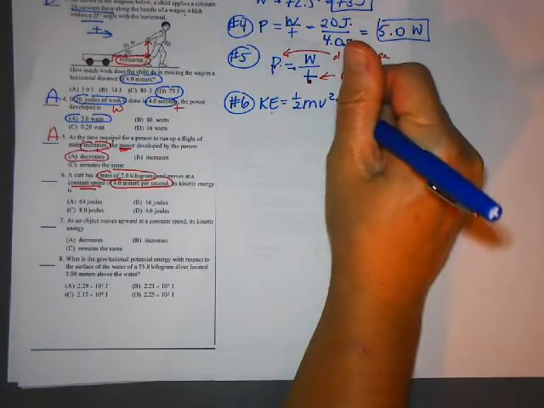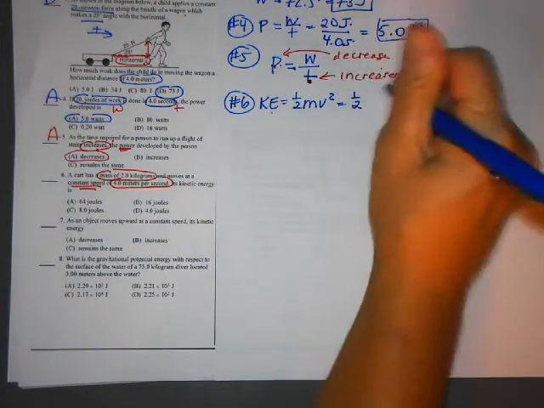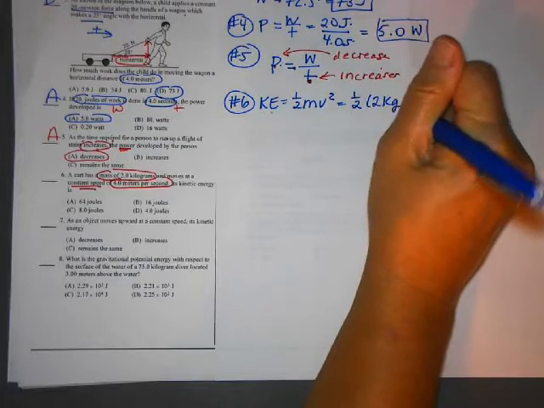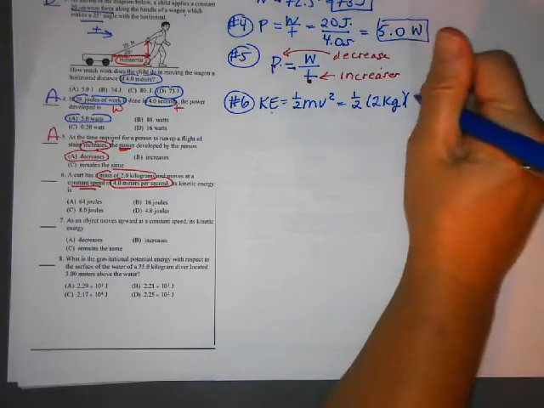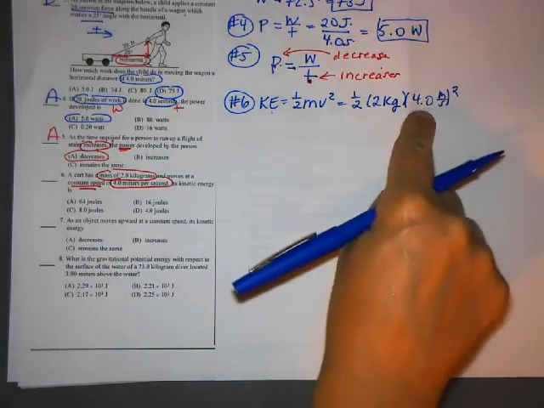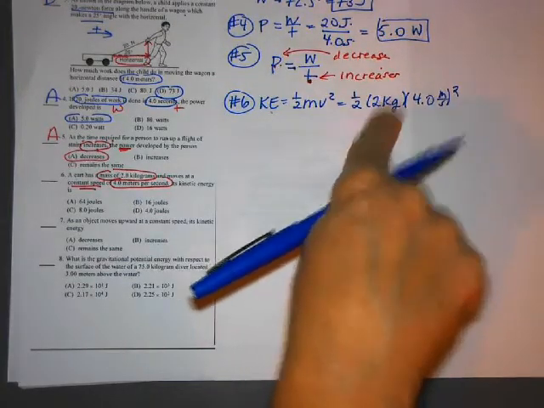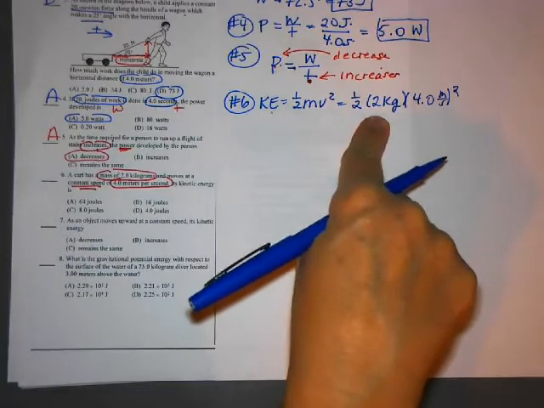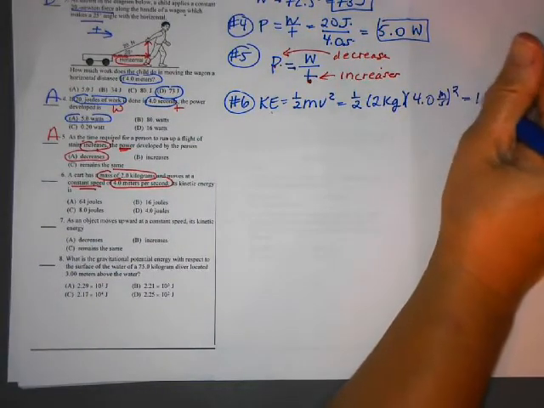So it's going to be 1/2 of 2 kilograms times 4.0 meters per second squared. So 16, and actually the 2 and the 1/2 will cancel each other. So it's just going to be 16.